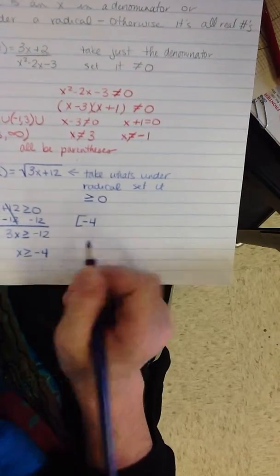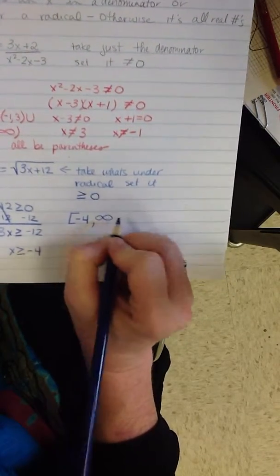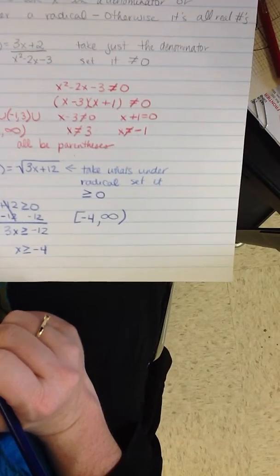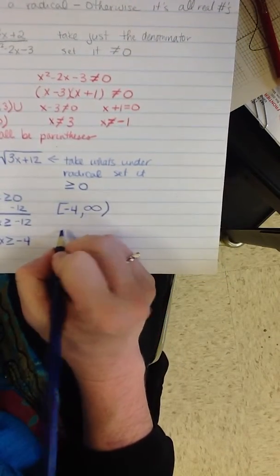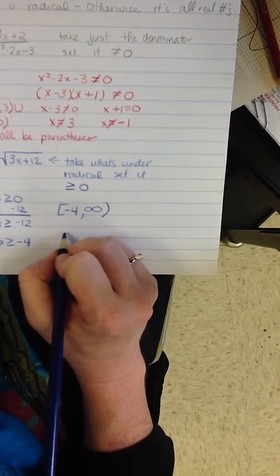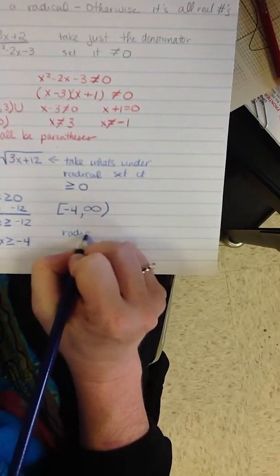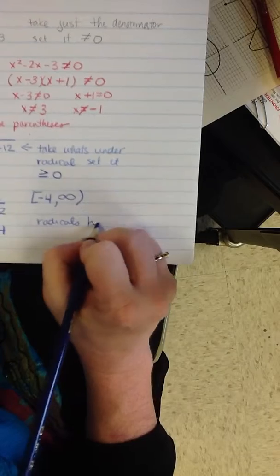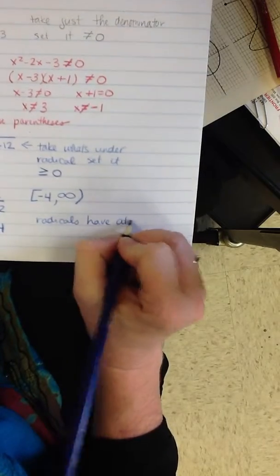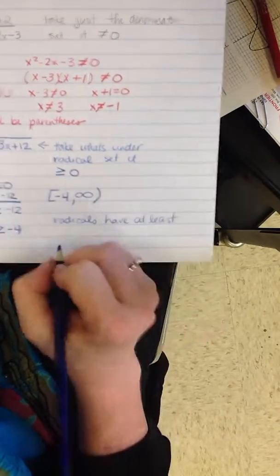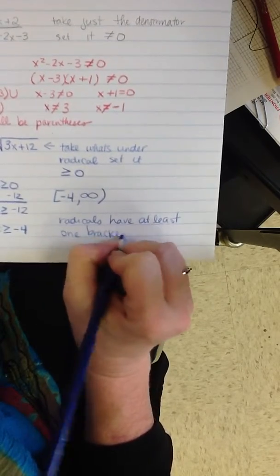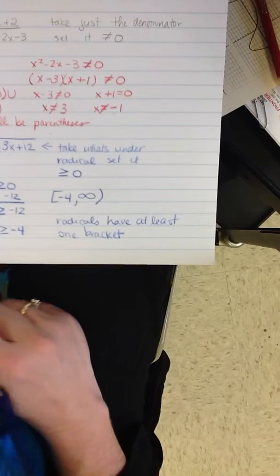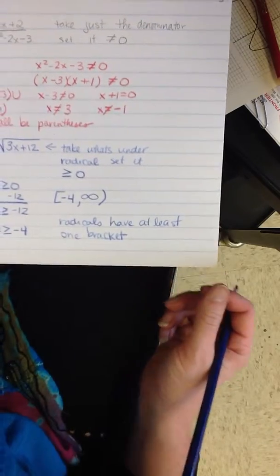That's what this line under here means. And it goes to infinity. So that's my domain restriction. When you've got a radical, you will usually have at least one bracket. And that's about all for finding the domain of a function.